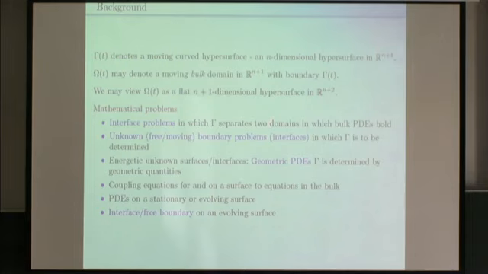Okay, let's say that again. If you think of omega of t as our bulk domain, let's suppose it's a ball. This ball is moving. Now we introduce another dimension, so it's a ball in R3. We introduce a fourth dimension, and of course its x4 coordinate is 0, therefore it lies in the hypersurface x4 equals 0.